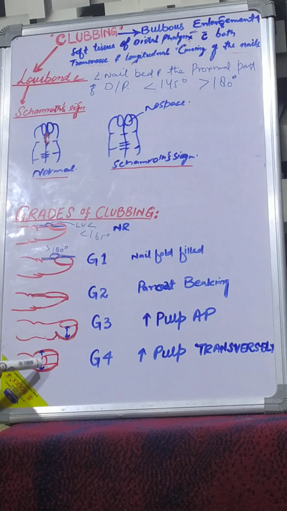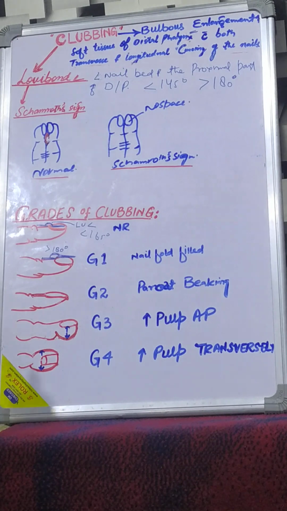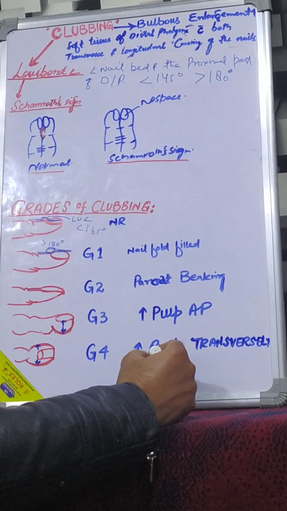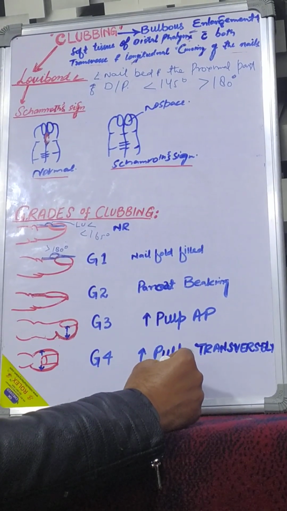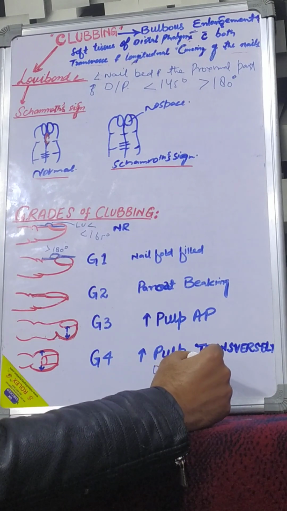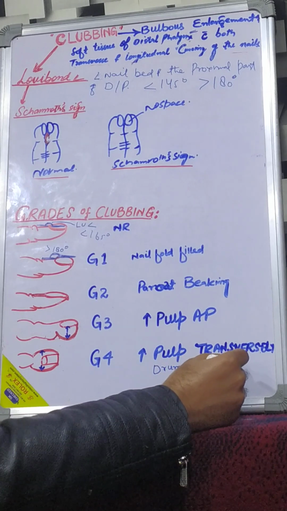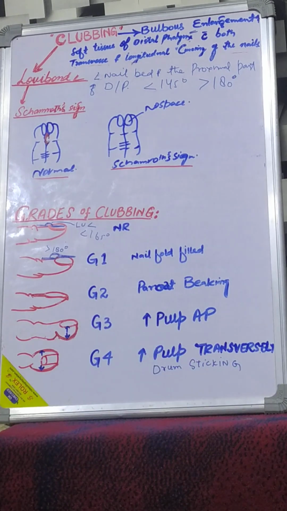This is also known as drumsticking. Grade 2 is parrot beaking and grade 4 is drumsticking. You remember it. These are the grades of clubbing.